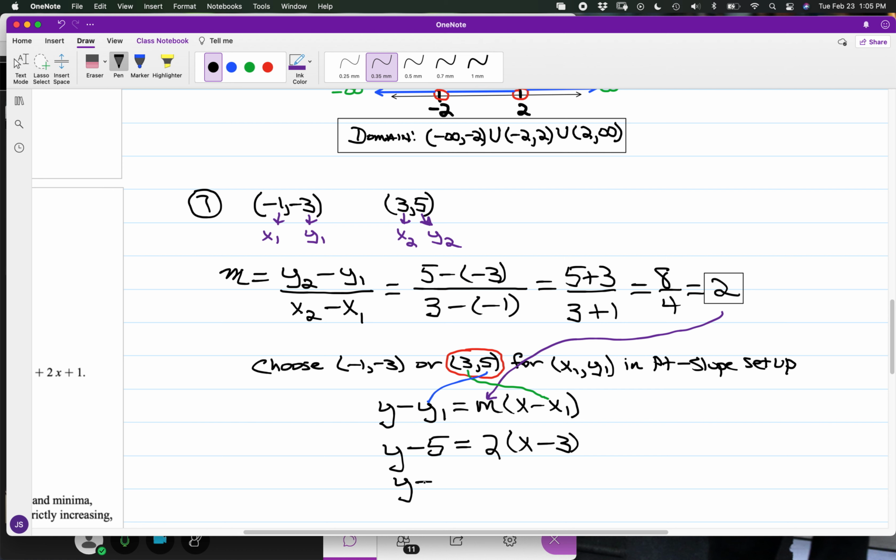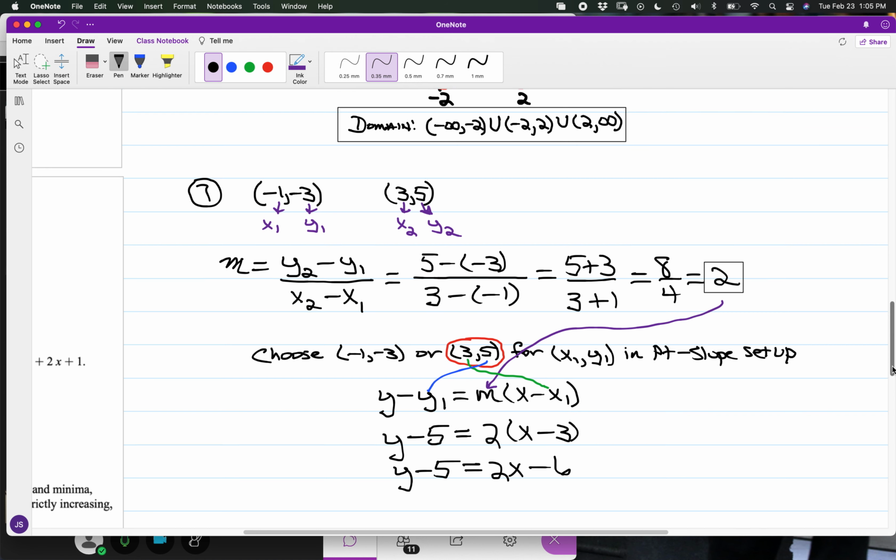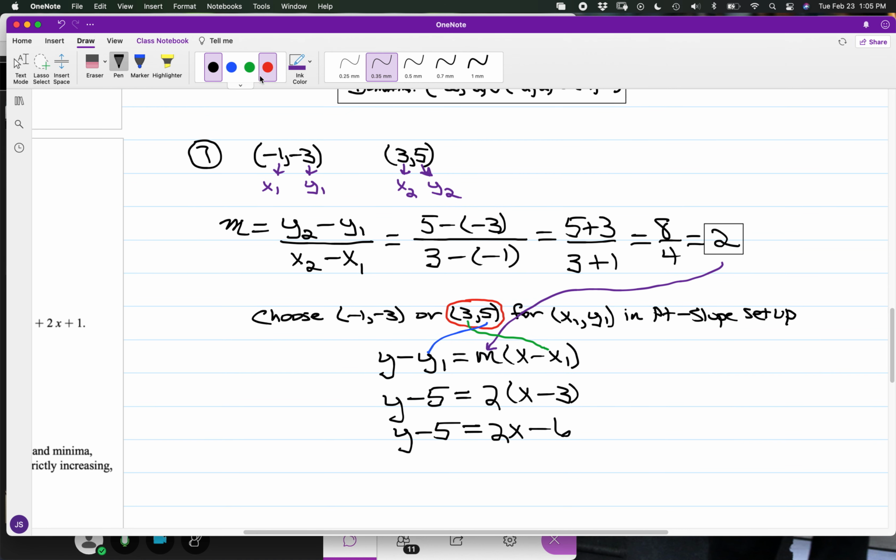And in the follow through, upon distributing, I have y minus 5 is equal to 2x minus 6. And for getting y by itself, upon adding 5 to both sides, we have that y is equal to 2x minus 1.